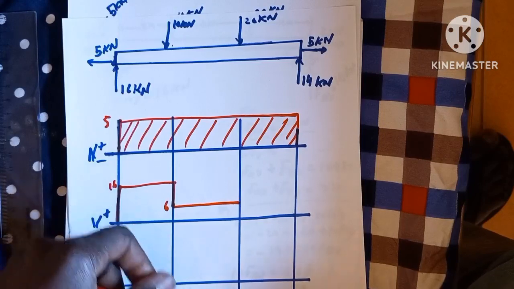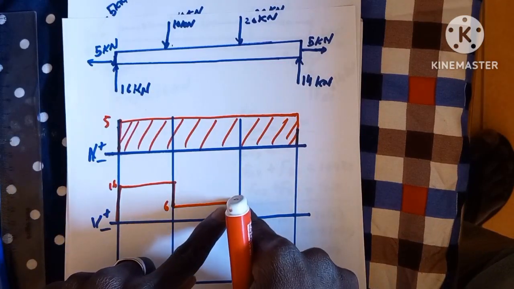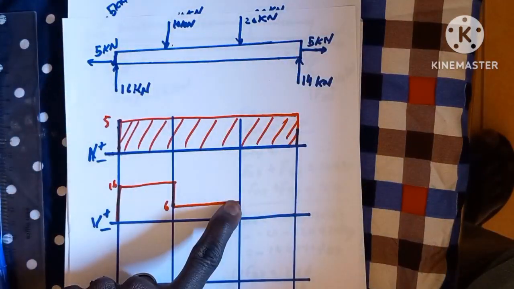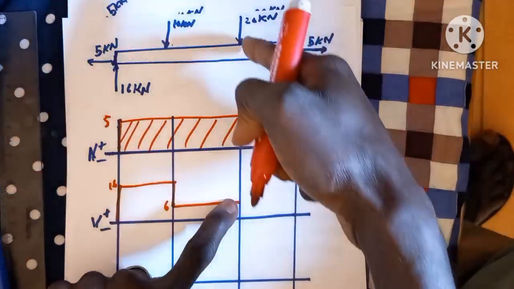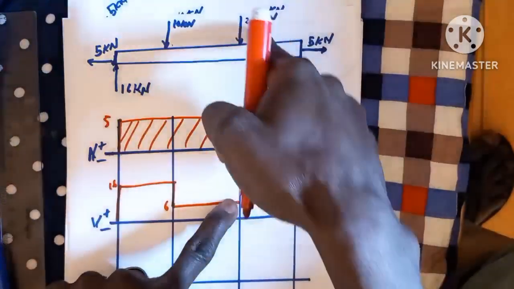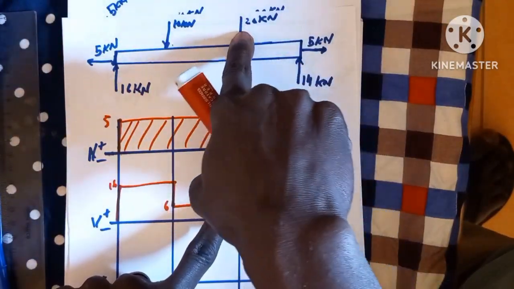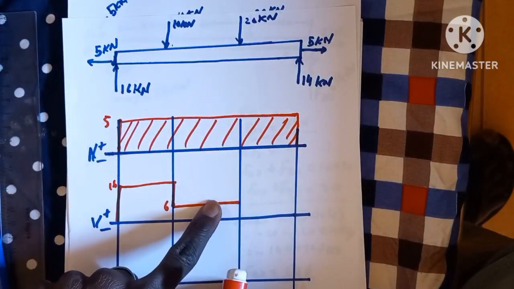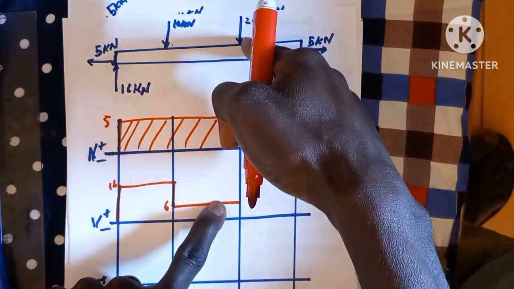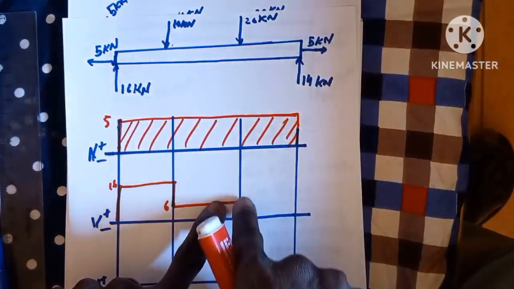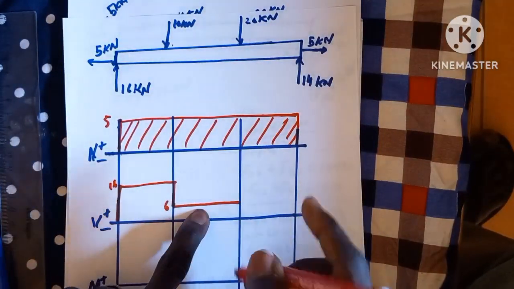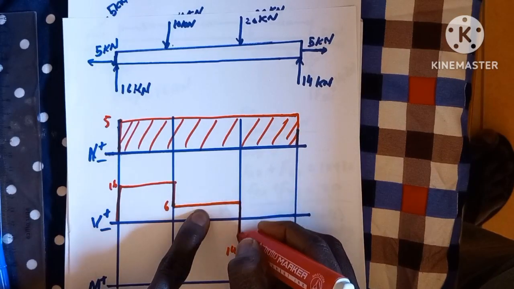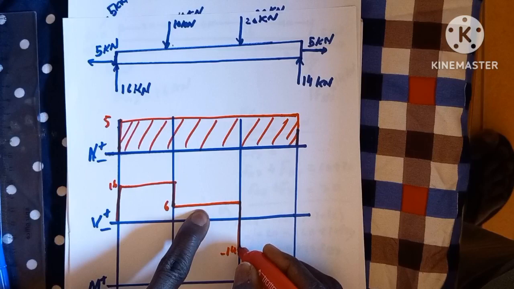From this 6, we also have another 20 kilonewton force that is coming down. This is going to be considered as negative 20, because it is a force going in a negative direction. Negative 20 plus 6 is going to be negative 14, so that brings us down to negative 14 here, right?